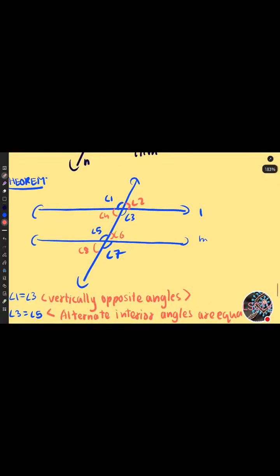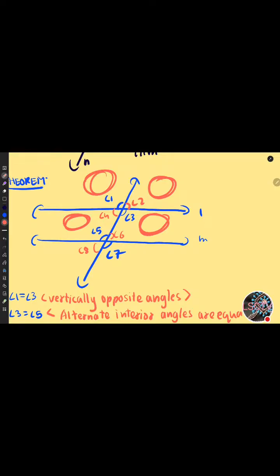These are called interior angles, angles which lie within these boundaries. These are called exterior angles. These are all interior angles of the transversal, same side interior angles.